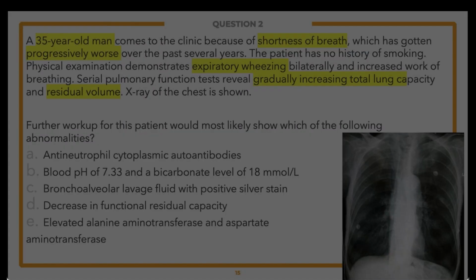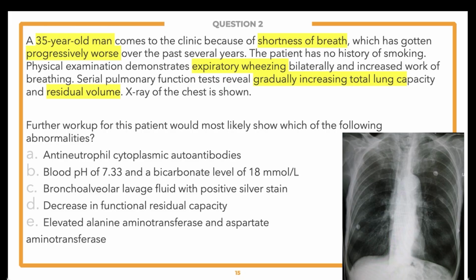So again, we've got a bunch of labs, a bunch of testing that could explain what's going on, but we don't really know why. So let's start with option E. It's elevated alanine aminotransferase and aspartate aminotransferase. So the ALT and AST are elevated. Option choice B, decreased functional residual capacity. So it's FRC. What is FRC?